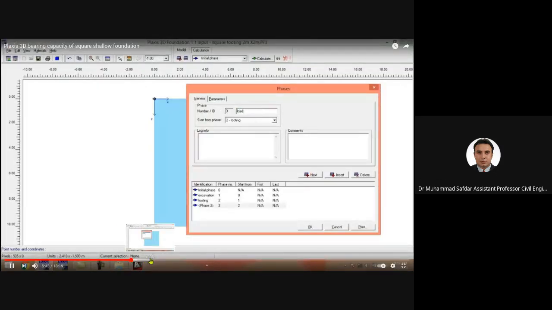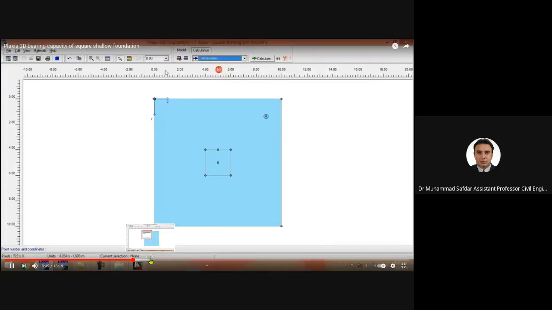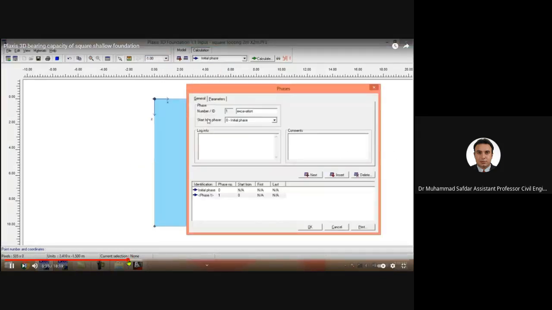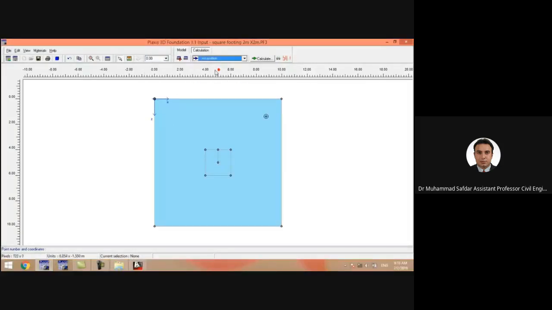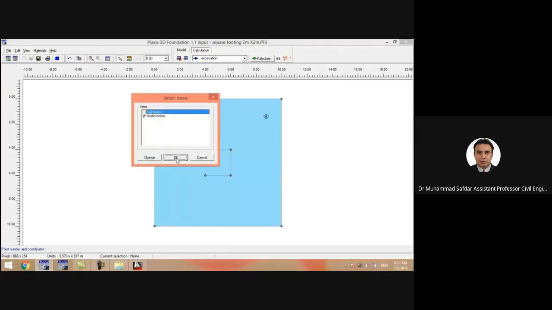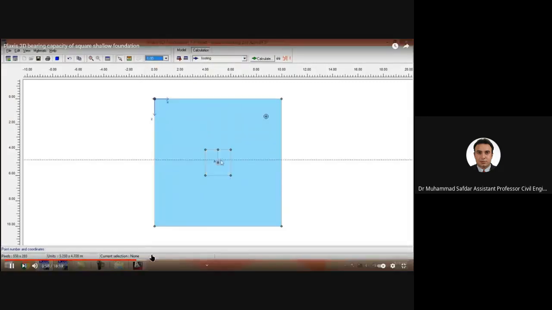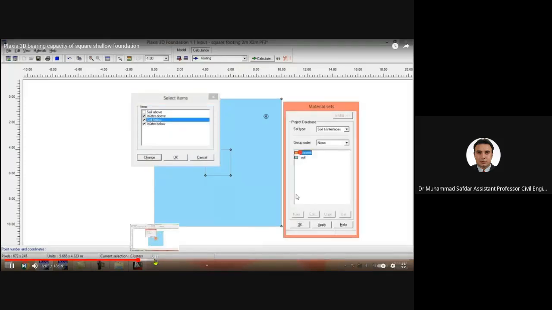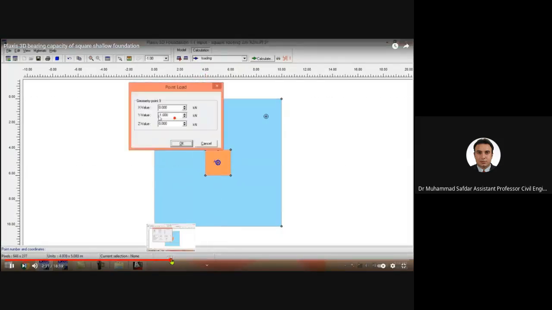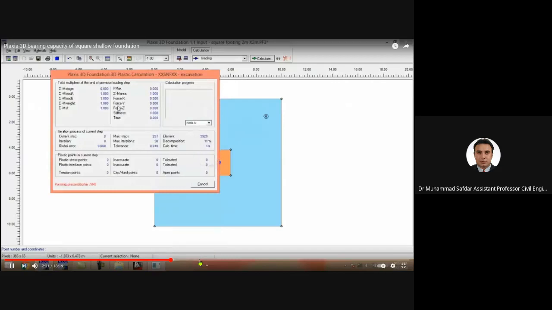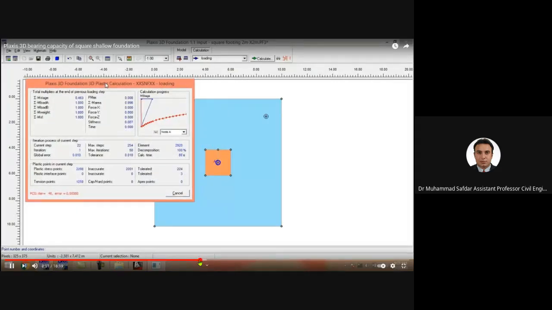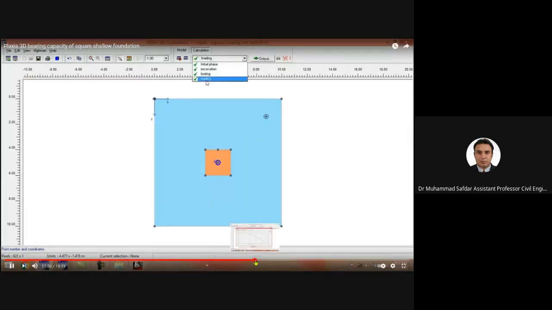And then there are different phases. Initial phase, first we excavate, like here, the initial phase excavation, then the footing is cast there, and then the loading is done. You can also choose the water table effect as well, and then you run the analysis, and in analysis you will see the load settlement curves and the stresses information.